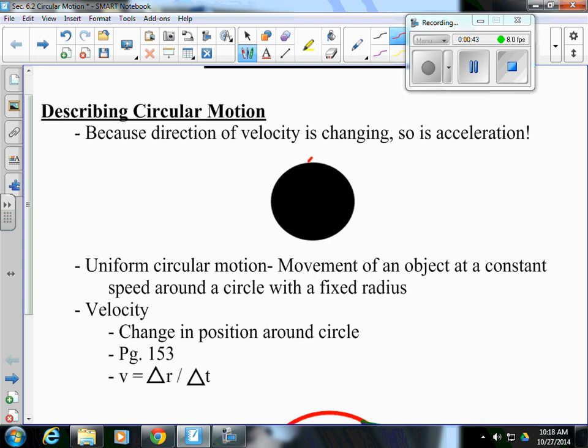If I take 4 separate spots around this circle here, if I would let go of whatever I was spinning, it would go in this direction, this direction, this direction, this direction. But since the direction is always changing, since it's a vector quantity, the velocity is constantly changing, so therefore the acceleration is constantly changing. Even though the numerical value might be the same, the direction also makes it change.